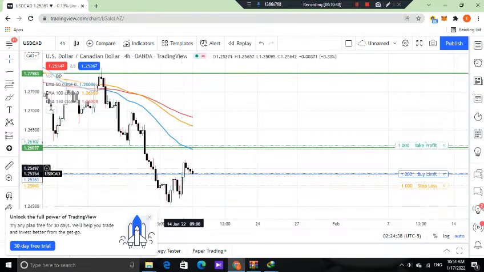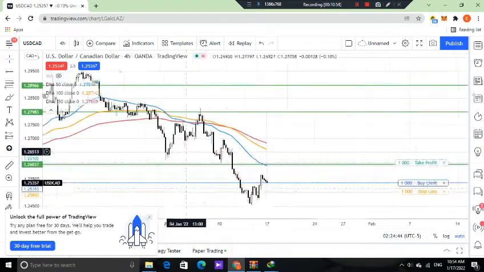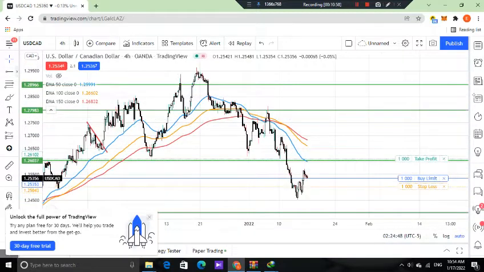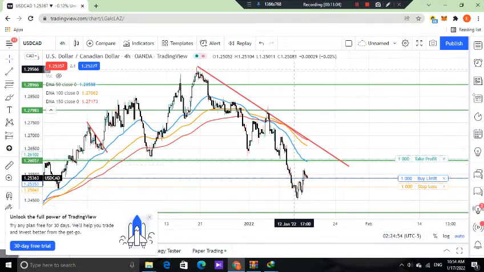If you consider this one as the first leg, or this one as the first leg, you can expect to see another leg up, but you have to consider this too, that we have a downtrend here.